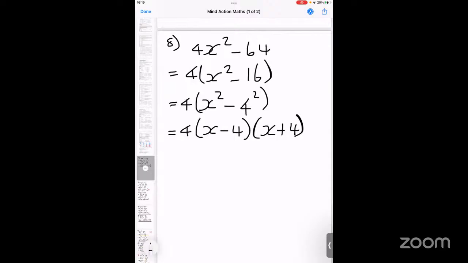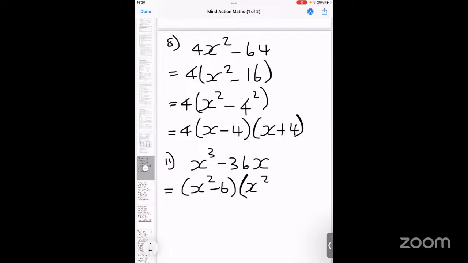Let's see. This one is number 11, where we have x to the 3 minus 36x. Okay, then it's fine. So let's see, Langelihle, what you did there: you said x squared minus 6 times x squared plus 6.